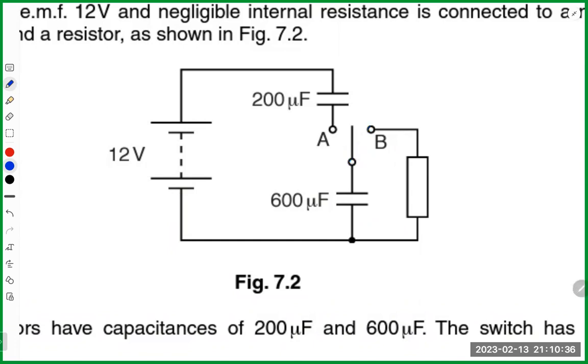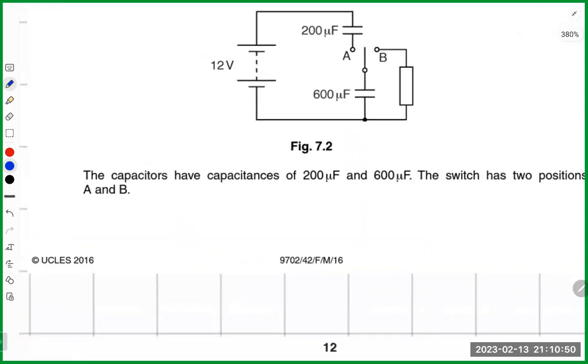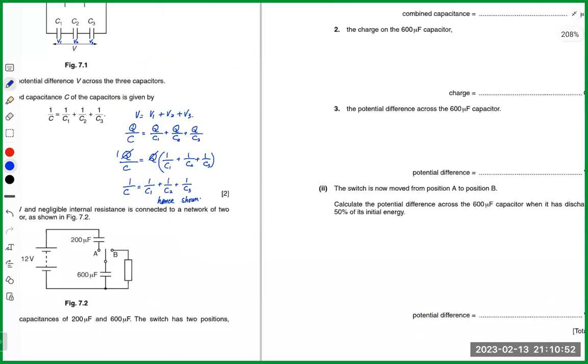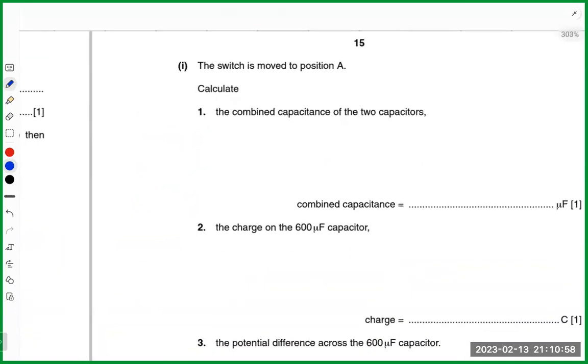So this switch can either be on B, and at that time the capacitor will be discharging, and it can be at A. At that time, the capacitor will be getting charged. Now, the switch is moved to position A. Calculate the combined capacitance of the two capacitors.